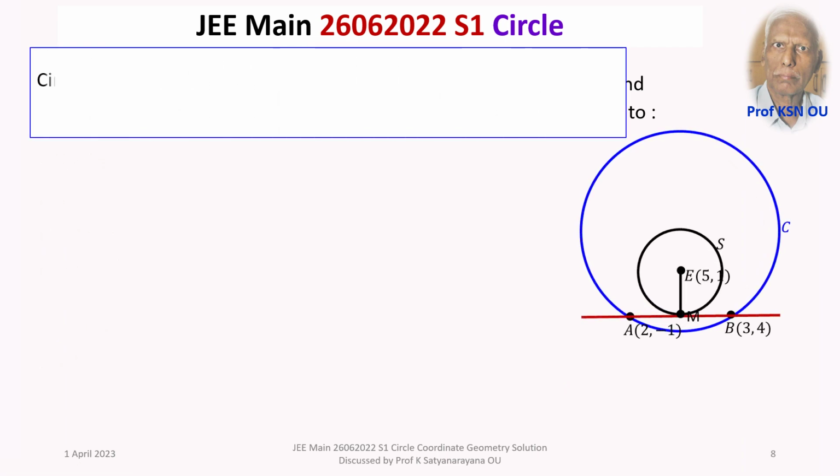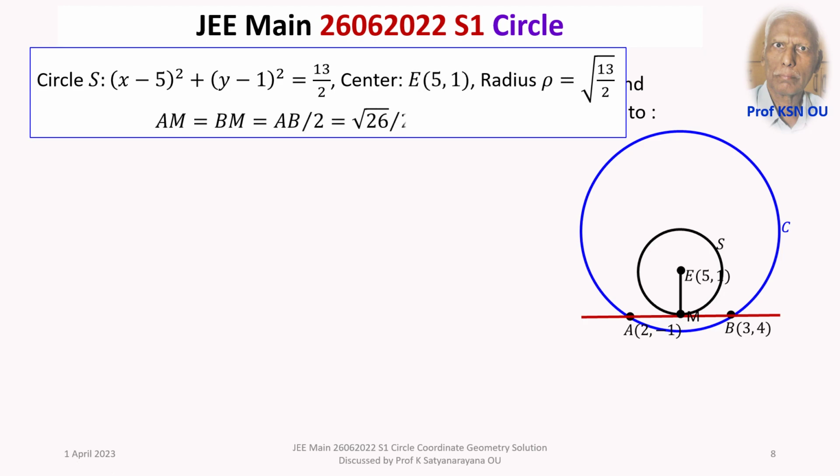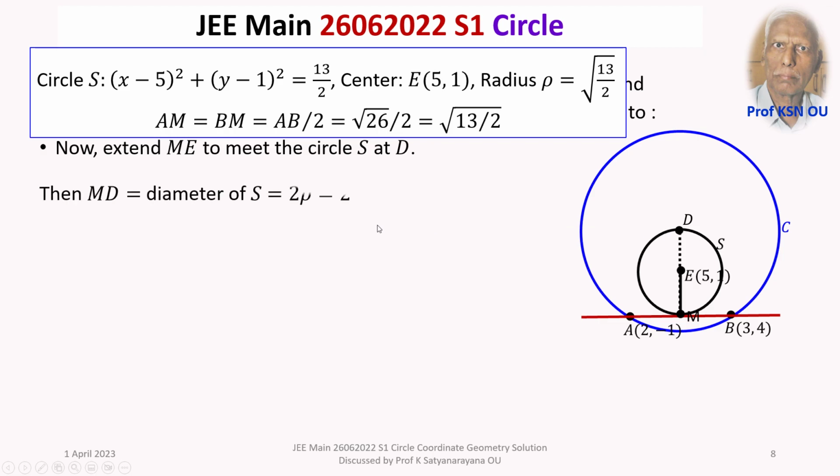So that is the situation there. Agreed. Now we extend ME to meet the circle S at D. So this is the point D. Now our claim is the point D that lies on S is the center.